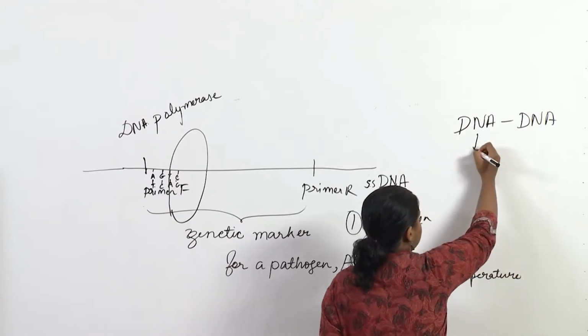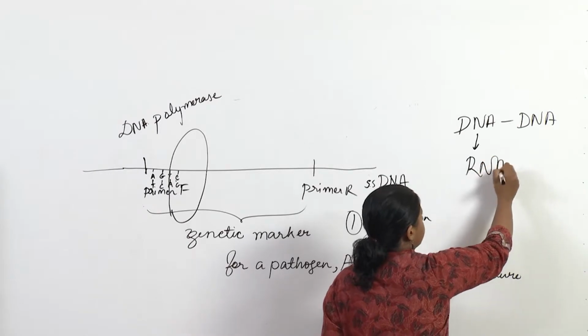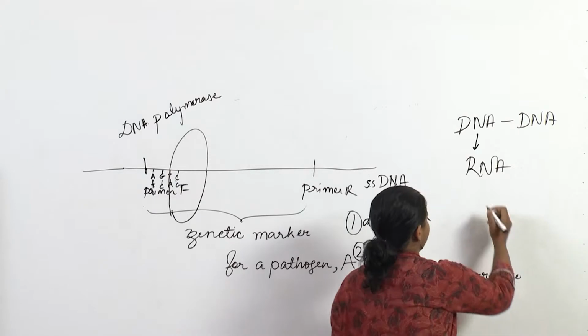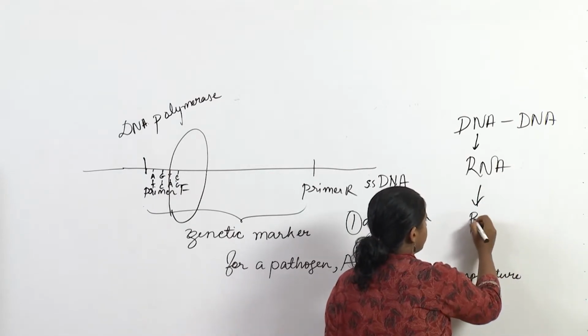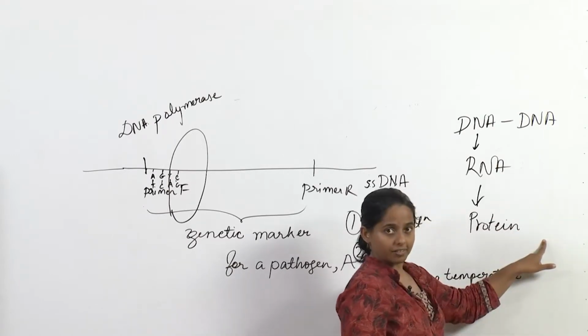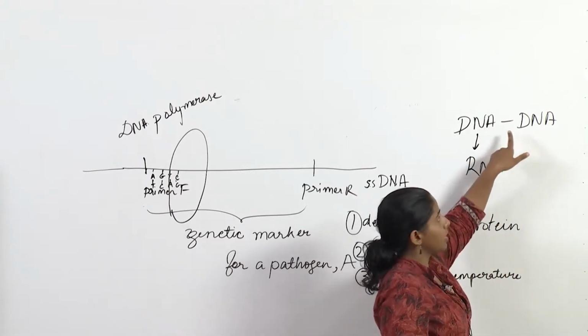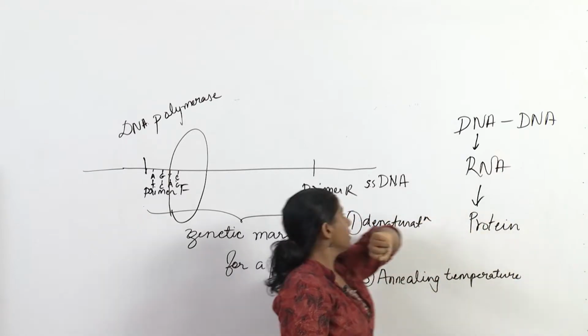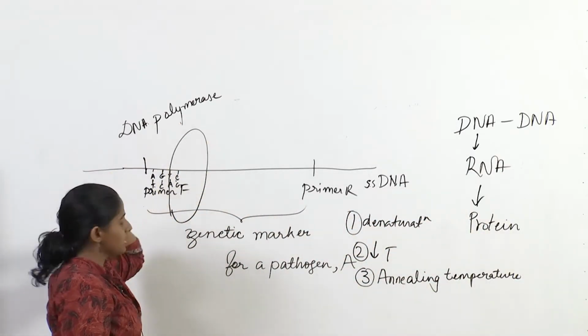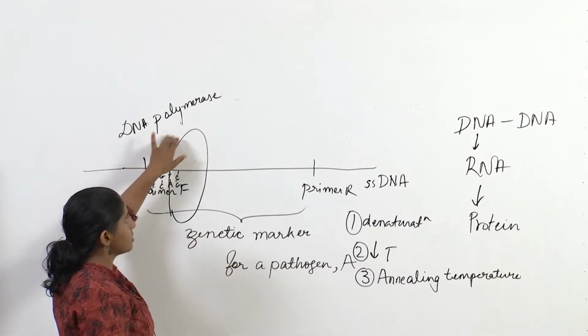And then when we make RNA from DNA, remember what it is called? Transcription. And then when RNA is used as a template for making protein, this step is called translation. So DNA to DNA replication is catalyzed by DNA polymerase, and there are multiple other proteins that are involved, but here our interest is in DNA polymerase.